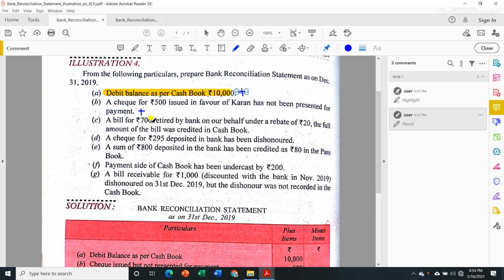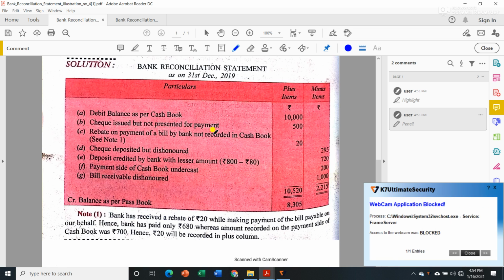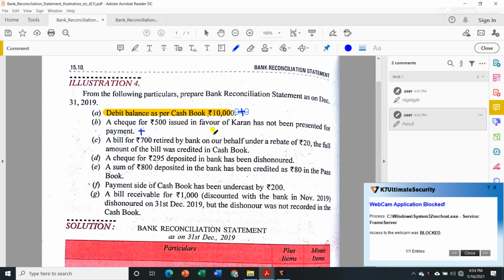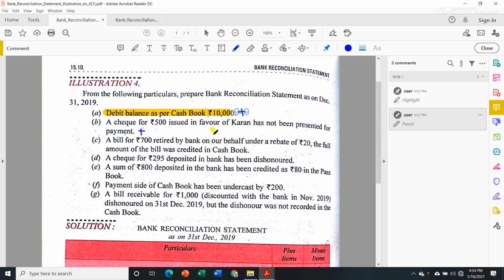The next is a bill for 700 retired by bank on our behalf under a rebate of 20. The full amount of the bill was credited in cash book. A bill for 700 means we were supposed to pay 700.